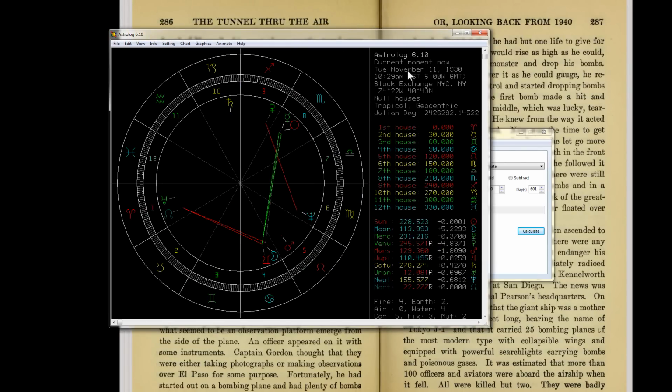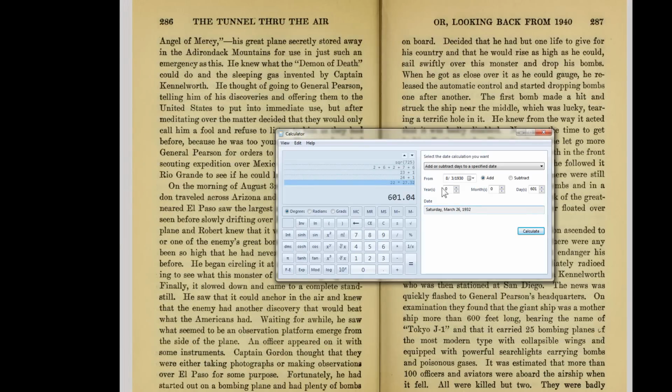We see that this happens on November 11th, 1930. And if we change this date to November 11th, 1930, and then we add 601 days, or 22 lunar orbital periods, we find that we land on July 4th, 1932. Now that seems to be pretty important.